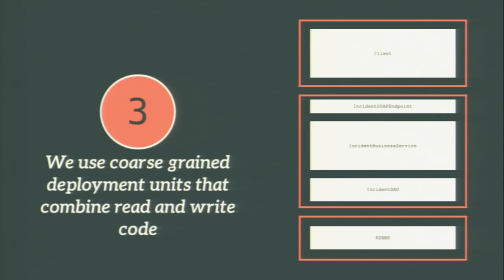The third characteristic is the deployment units. Usually I would say we at least deploy one WAR or EAR file to some Tomcat application server, or we have a Spring Boot application that contains the web part and some business logic and some persistence logic. And then we, of course, run on the same data store.